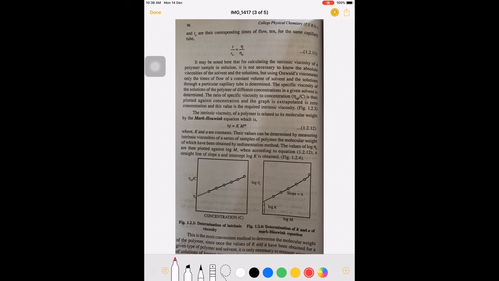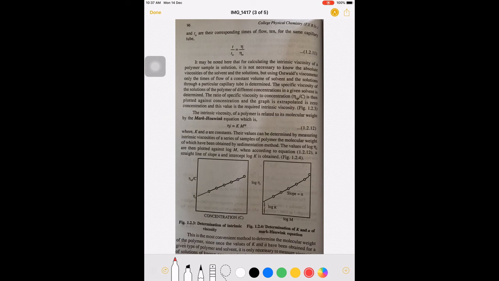So by using Ostwald's viscometer, we are only calculating the time of flow of a constant volume of solvent and solution through the capillary, and by use of that timing we can determine the intrinsic viscosity, that is T upon T0 is equal to eta upon eta 0.